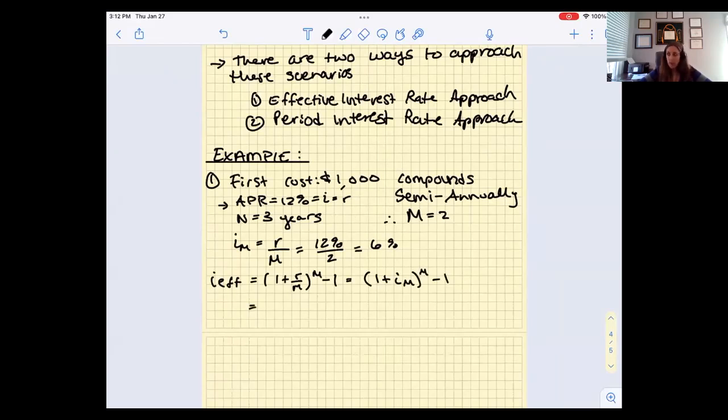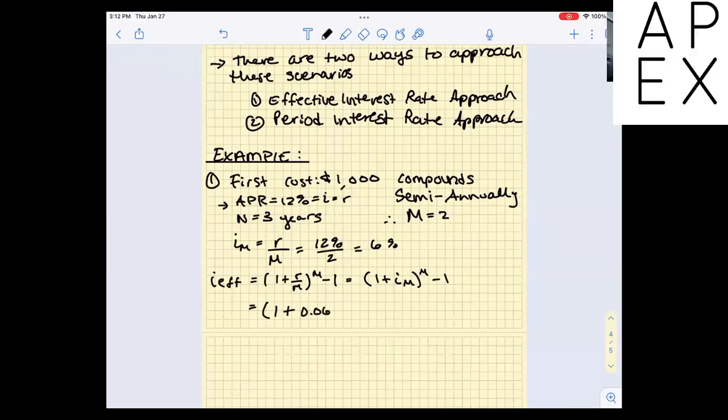So what should I plug in for I sub M? 0.06. Very good. Make sure it's in decimal form. And what should I plug in for M? 2. And then minus 1.